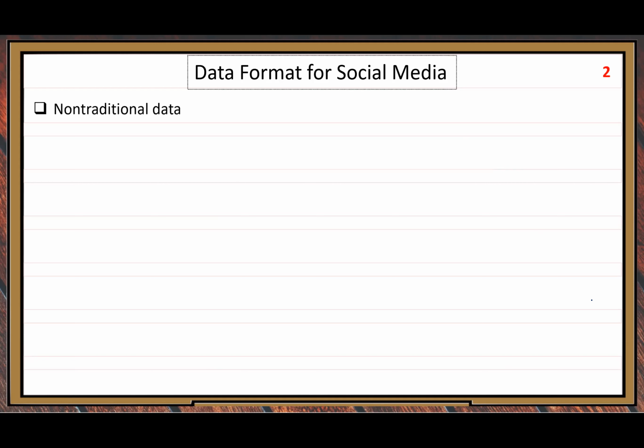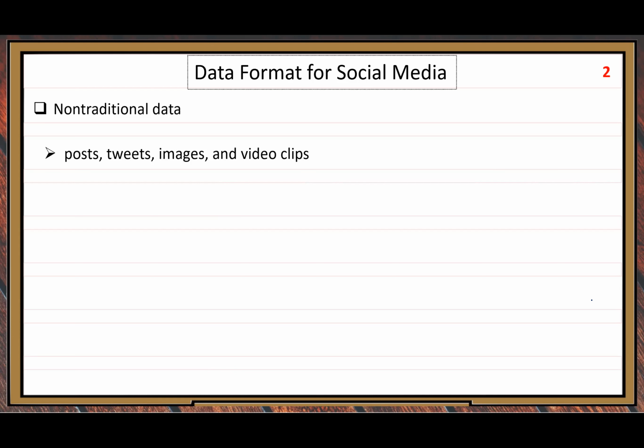So why is it non-traditional data? There is a good reason. The reason is based on the typical way we use social media data. Let me describe the properties of this non-traditional data.